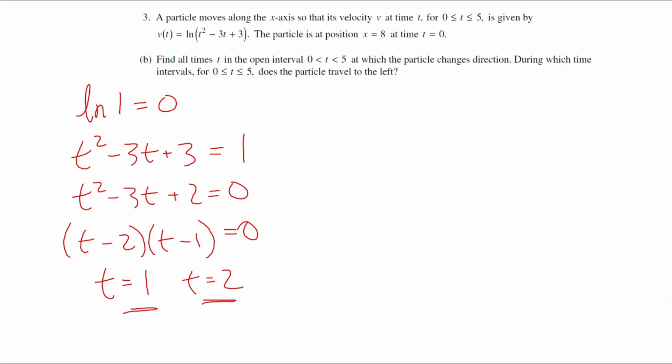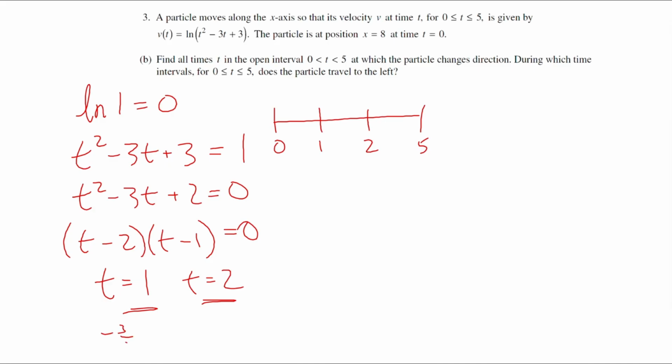And so we actually need to make a little sign chart here. If you did this on your calculator, you'd be able to just look at the graph of the velocity and see when it's positive and negative. But we'll test it here. If I take something between 0 and 1, like a half, 1/2 minus 2 is negative 3/2, and 1/2 minus 1 is negative 1/2.